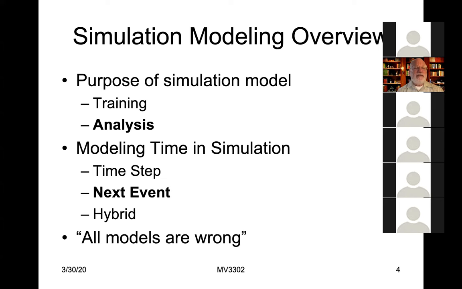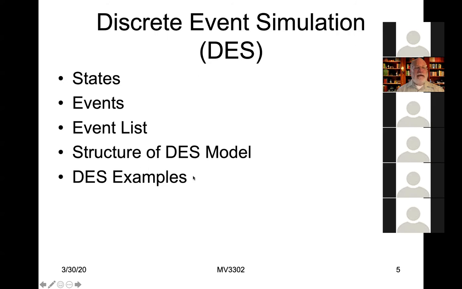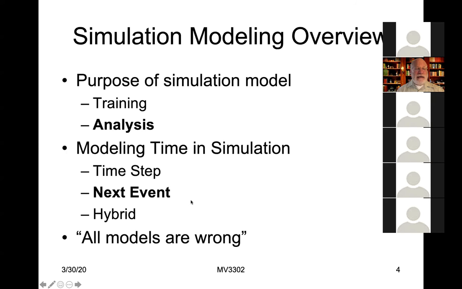The other main distinction between simulations has to do with how we model time. Modeling time in simulation is done in three basic ways. One is time step, and if you've worked with combat simulations or agent-based simulations, you're probably familiar with that. That is not what we will do here. Here we will use a time advance mechanism called next event, and you'll be hearing a lot about this.